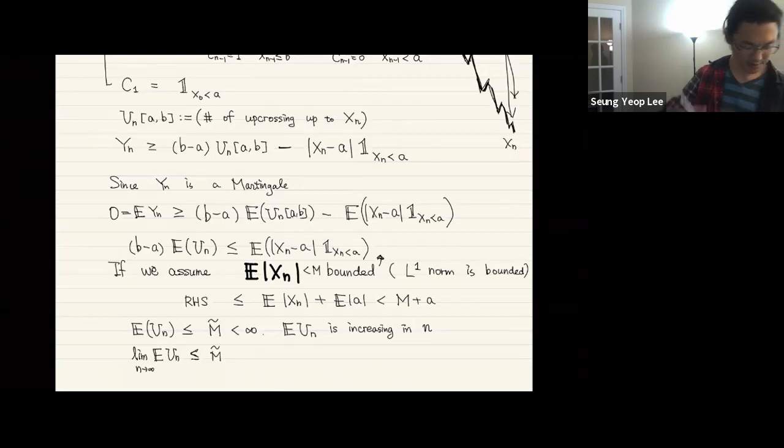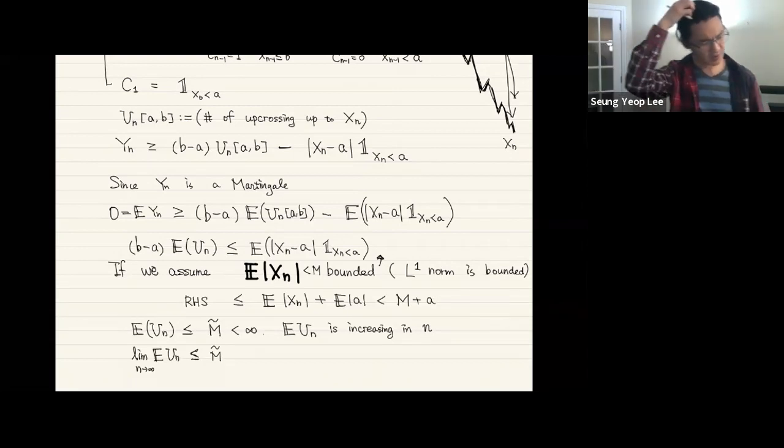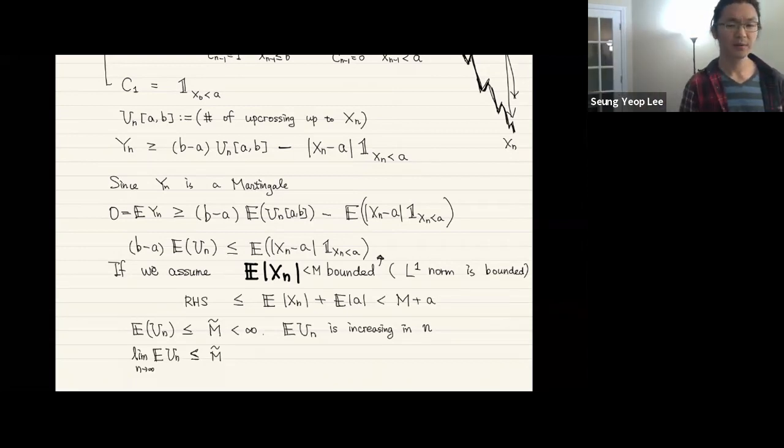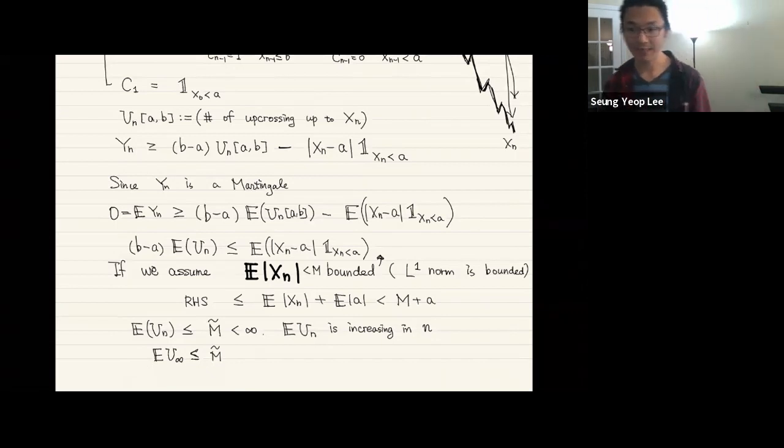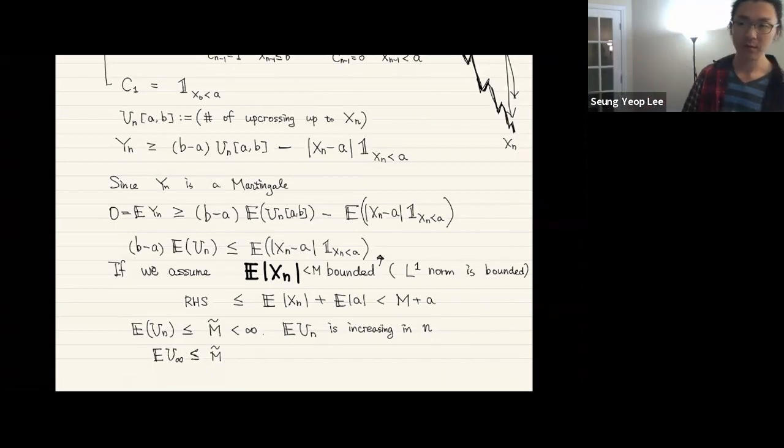Let me use this notation: the number of crossings at infinity is bounded by M, some finite number. So the expected number of crossings for infinite time is finite.